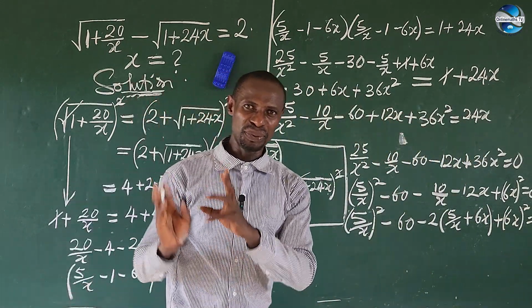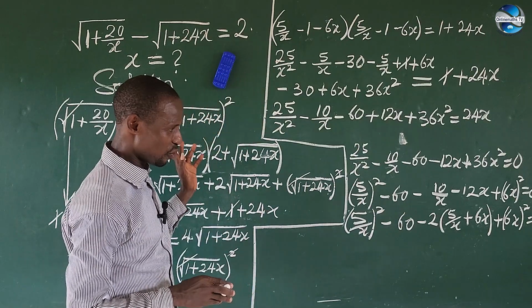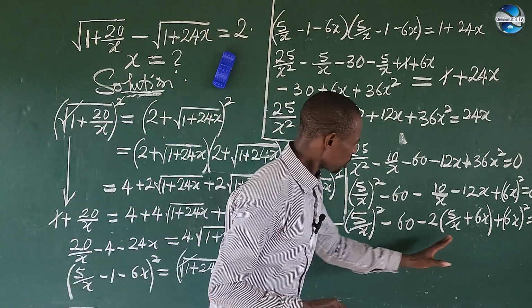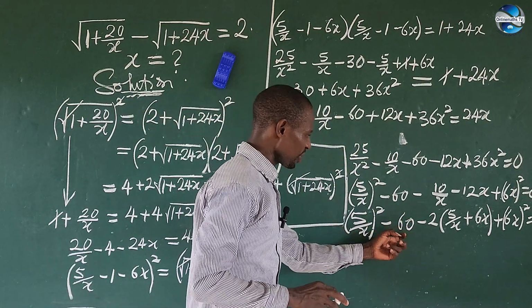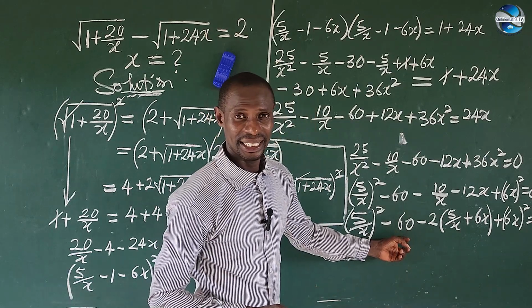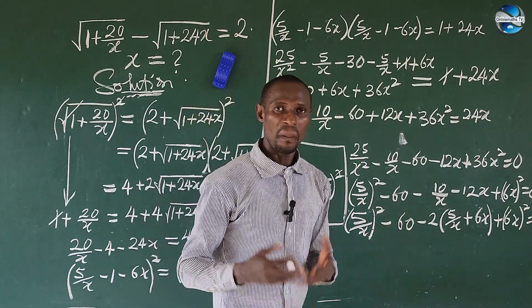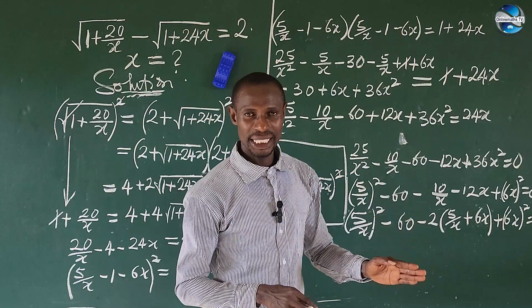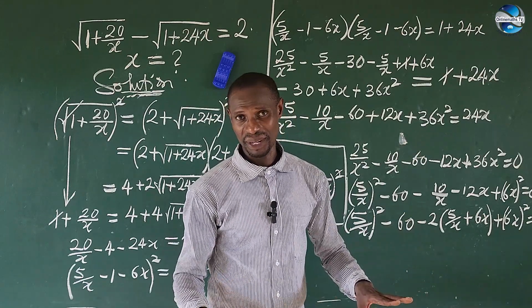This is where comes the beauty of this radical equation. Now, with what we're having here now, I want to rewrite this minus 60. So I want to bring in 120. So minus 60 could also be written as plus 60 minus 120. That will give us minus 60.